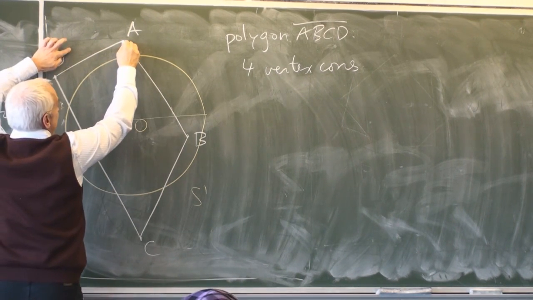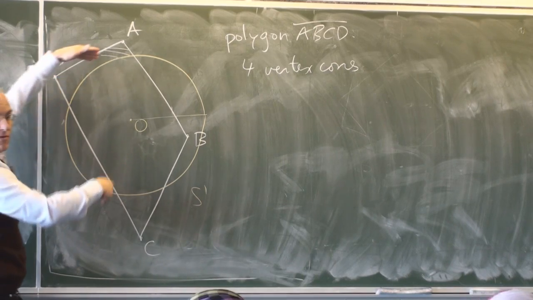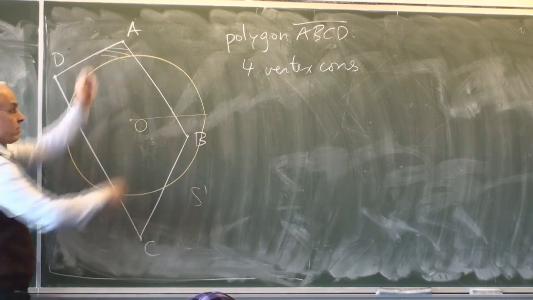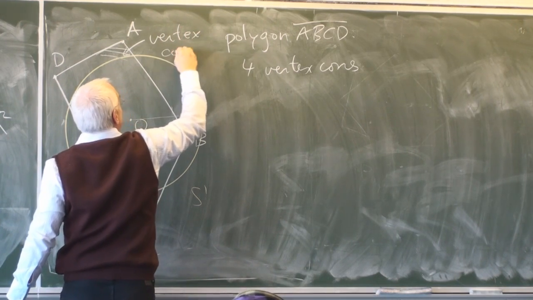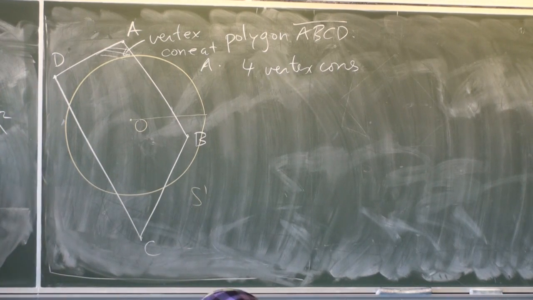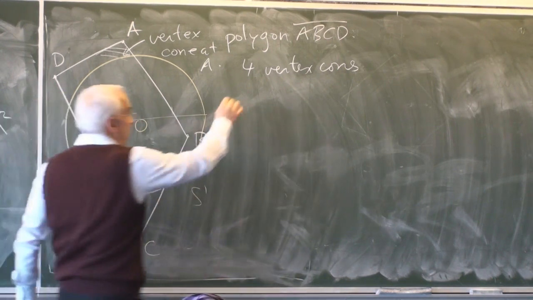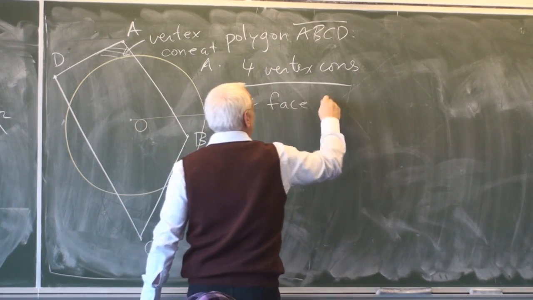So for example, at the point A, that cone that extends in that direction, that's the vertex cone at A. There's also another kind of cone that's associated to the polygon, which we might call face cones.